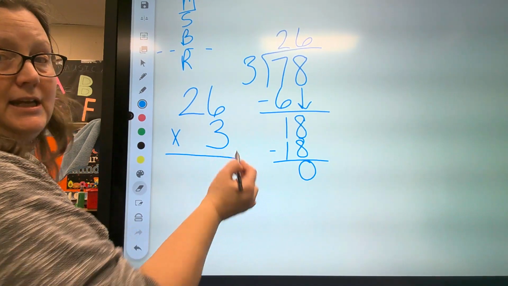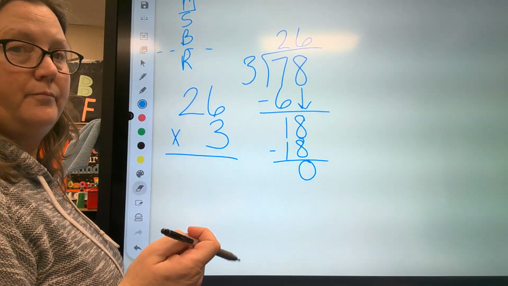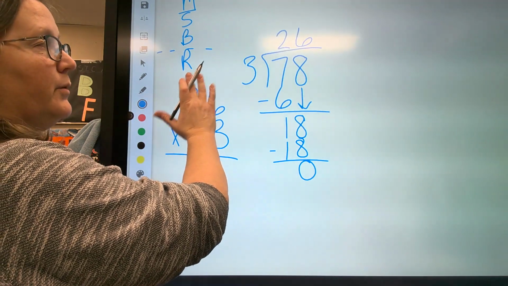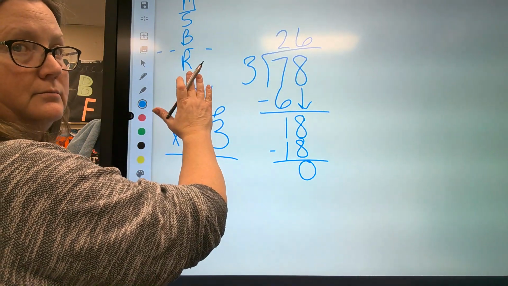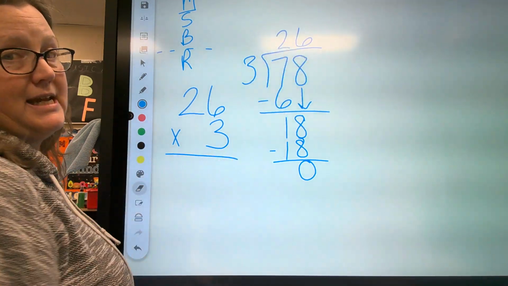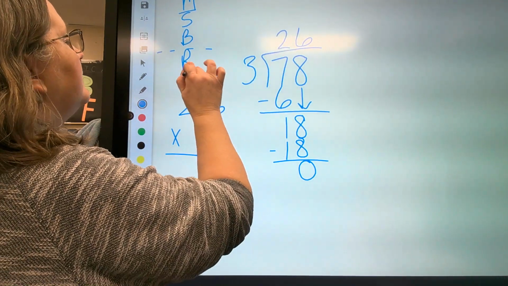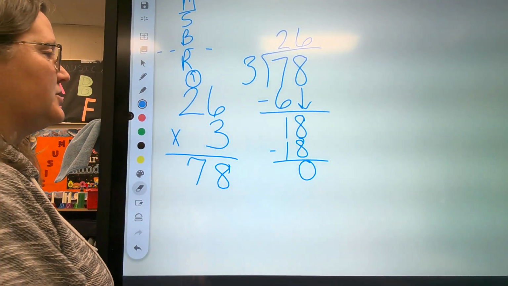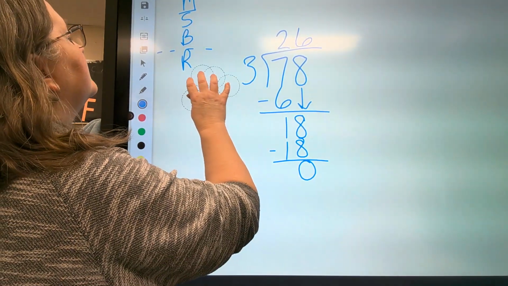And what should it equal? It should equal 78. Let's see. Whoa, so we know our answer is correct. Good.